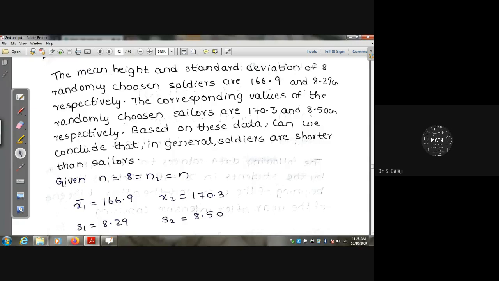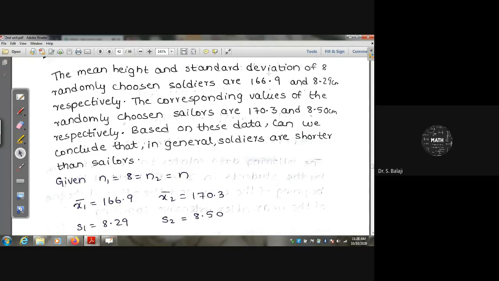The next problem is that the mean height and standard deviation of 8 randomly chosen soldiers are 166.9 and 8.29 centimeters respectively. The corresponding values of the randomly chosen sailors are 170.3 and 8.50 standard deviation respectively.